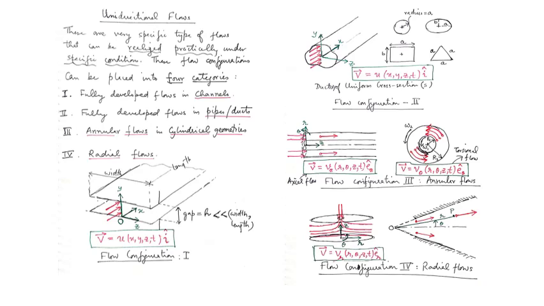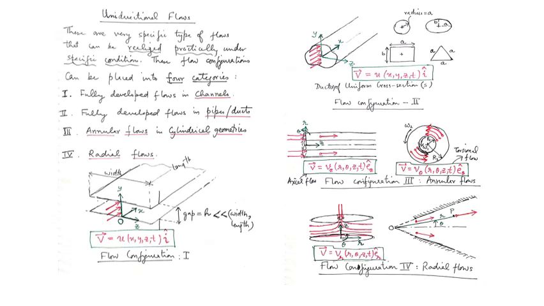So any point P in the flow domain has an angle theta and a radial coordinate r, and the fluid velocity approximately for all such points is along the radial direction indicated by red arrows.